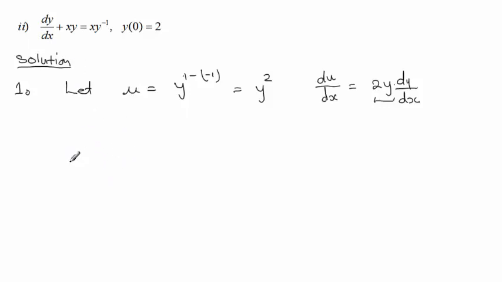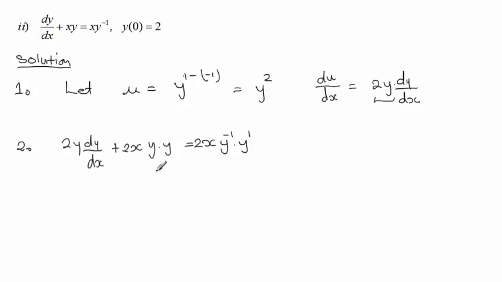So what we're going to have here, let's say step number 2, is 2y dy/dx plus 2xy times y equals x y to the power minus 1 times y to the power 1 with the 2 there.